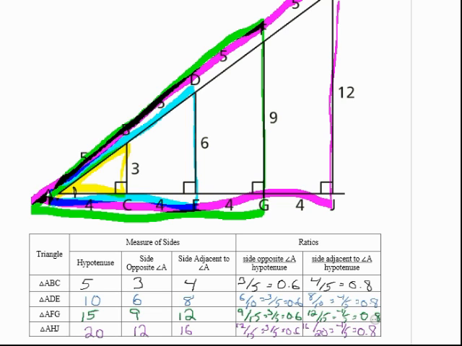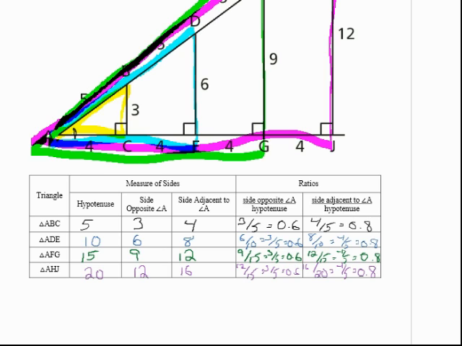So you'll see that because these are all similar triangles, the ratios are the same, no matter which of the triangles you want, because the angle is the same. The angle we're talking about, angle A, the ratio of opposite to hypotenuse is always the same, and the ratio of adjacent to hypotenuse is always the same. And so the ratio of opposite to hypotenuse we call sine.